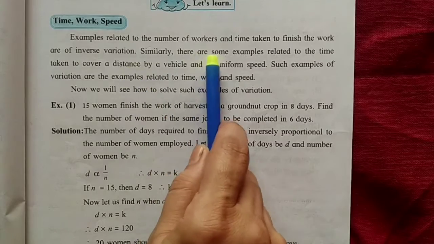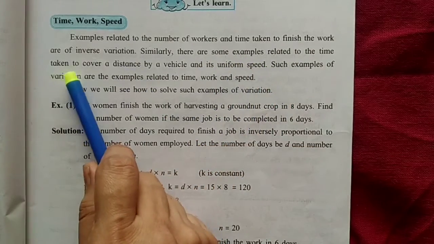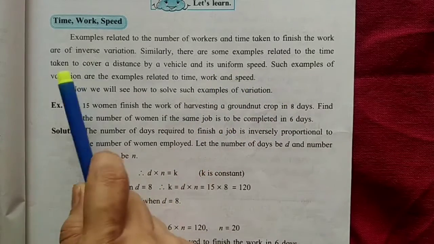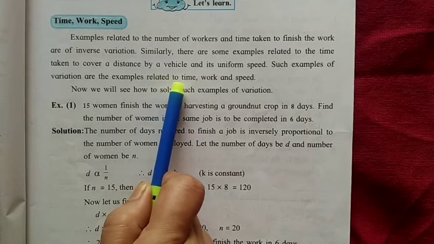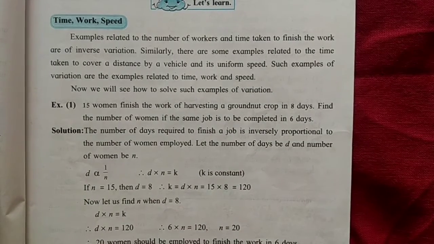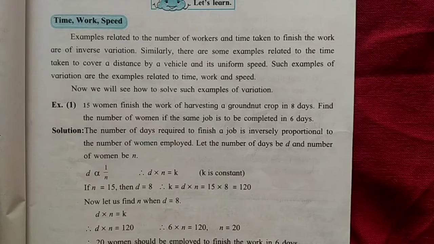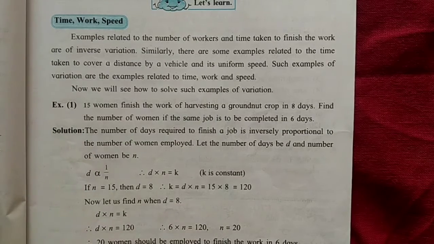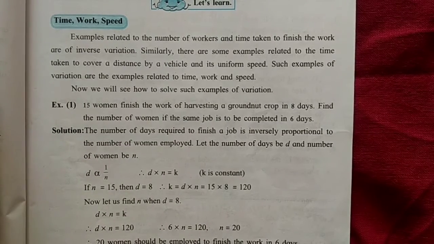Similarly, there are some examples related to the time taken to cover a distance by a vehicle and its uniform speed. Such examples of variation are related to time, work and speed. Suppose a train is traveling from Mumbai to Goa, and the speed of the train is 100 kilometers per hour, and the distance is nearly 700 kilometers.